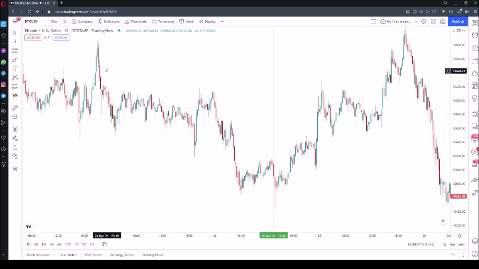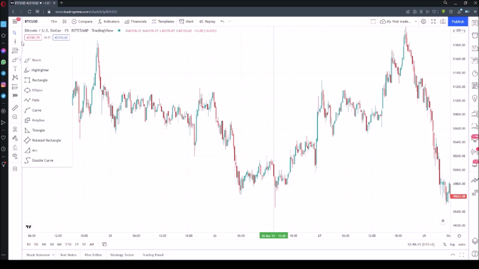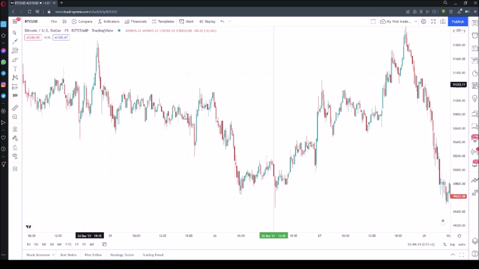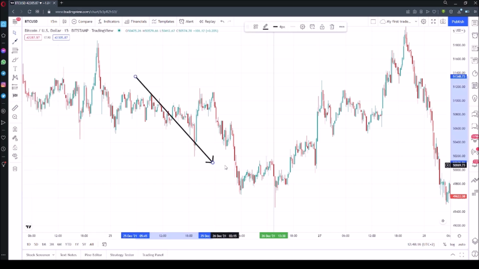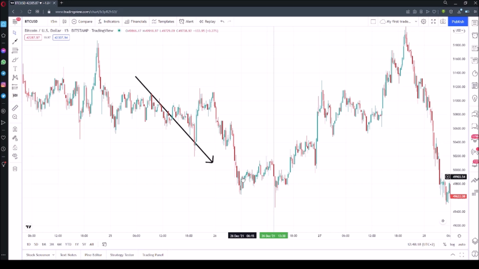In this case, we can see that the market was actually going down at this point. We can see the market was going down, and from there we had the last lower high. And mind you, this happened in December. This is 26 December 2021, and we had the last lower high.